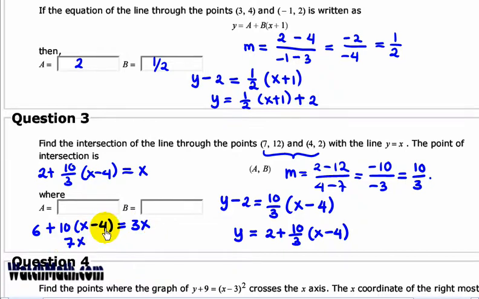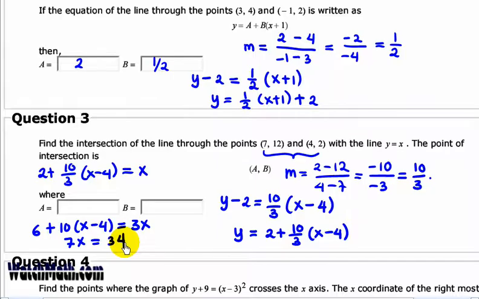And here negative 40 plus 6 will be negative 34, so this is equal to 34. If we solve for x, we have x is equal to 34 over 7.